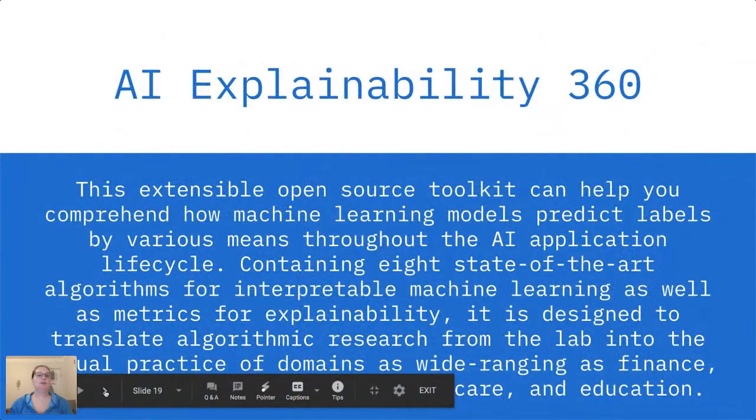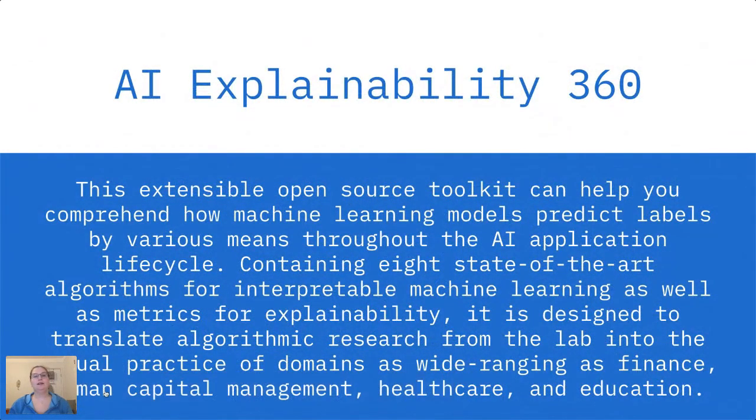So the next toolkit we have is the AI Explainability 360. And this, again, is an open source toolkit. This is going to allow you to understand how machine learning models predict labels by various means throughout the application lifecycle. The Explainability toolkit contains 8 state-of-the-art algorithms for interpretable machine learning, as well as metrics for explainability.